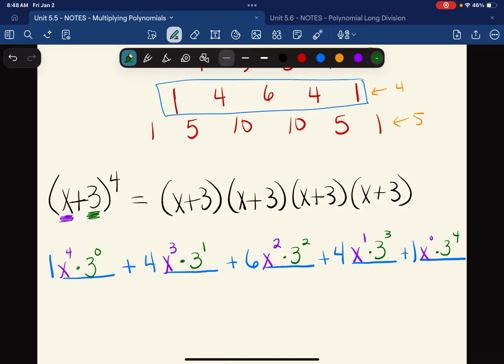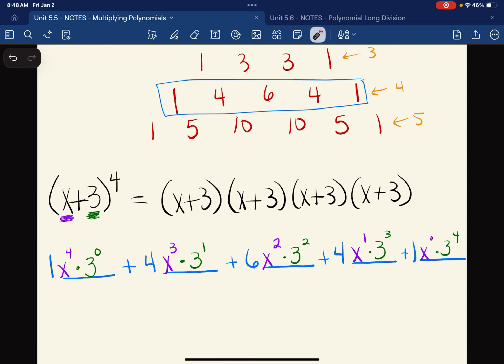So hopefully you see that pattern, okay? Now, I want you to pay attention to the fact that 4 plus 0 is 4, 3 plus 1 is 4, 2 plus 2 is 4, 1 plus 3 is 4, 0 plus 4 is 4. That can help make sure you've got the right exponents, okay?